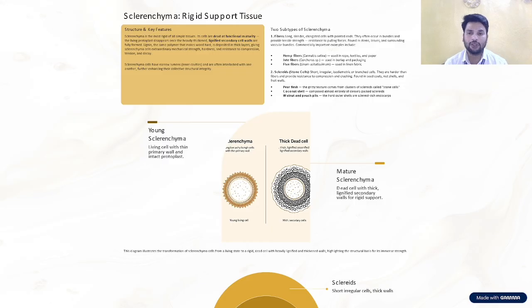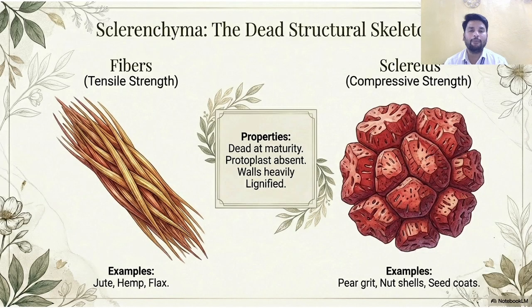Okay. Young sclerenchyma cells are living in nature, with thin primary wall and intact protoplast, but at maturity they become dead with thick lignified secondary walls that provide rigid support. Sclerenchyma, the dead structural skeleton, has two types as discussed in the previous slide: fiber, which provides tensile strength, and sclereid, which provides compressive strength.